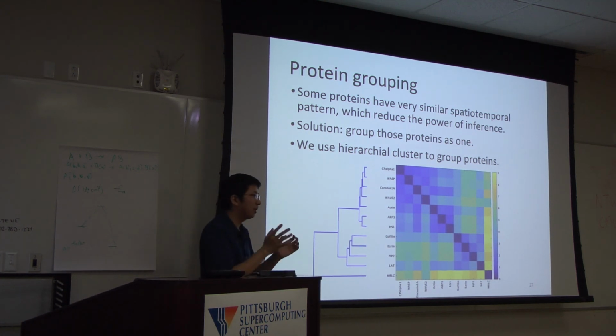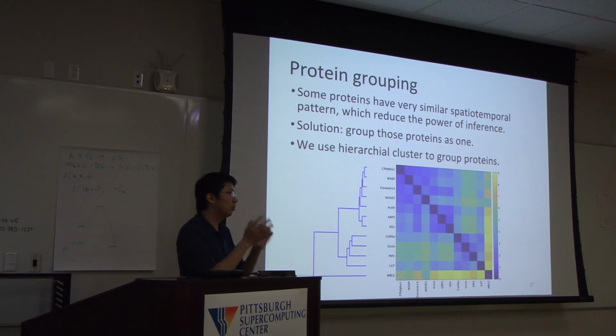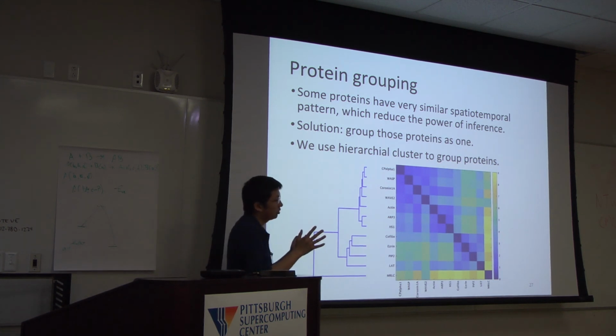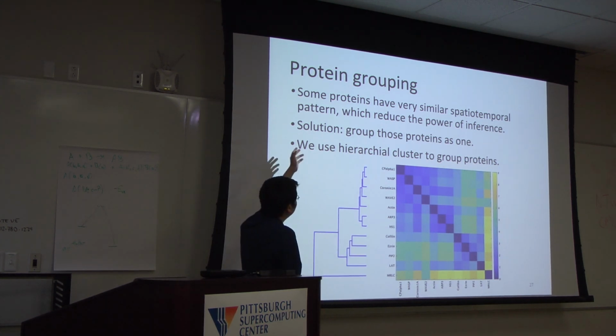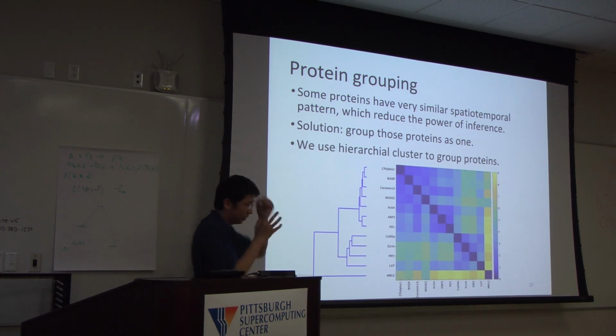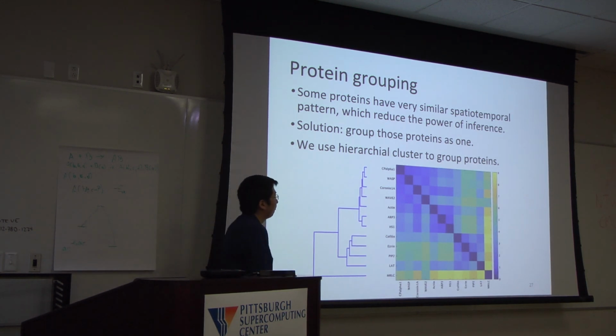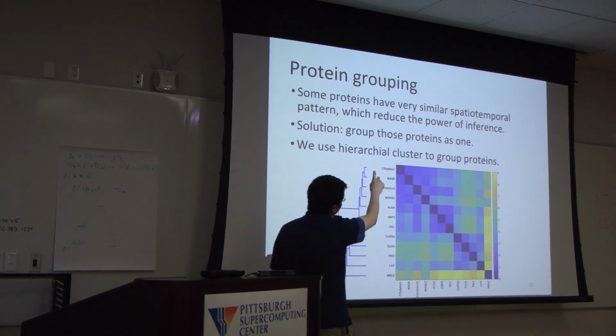If A and B are collinear, then we cannot know whether A caused B or B caused A. So we want to get rid of this effect. And our solution is to group these proteins as one group.